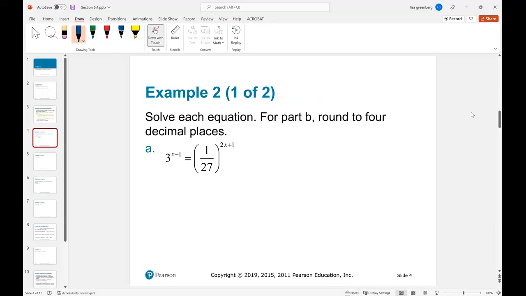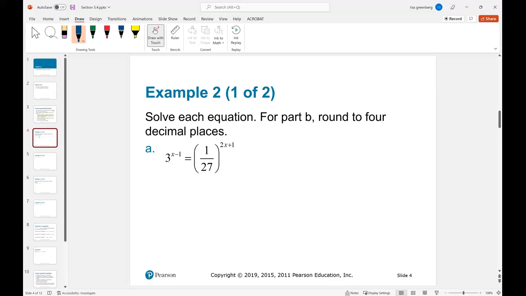So we start here, and when I look at this, I say, well, let's see. I know 3 can't be reduced any. I'm looking at the bases. The first thing I'm going to do is look at the bases to see if I can make the bases the same, because if I can, then I can equate the exponents. Remember that?